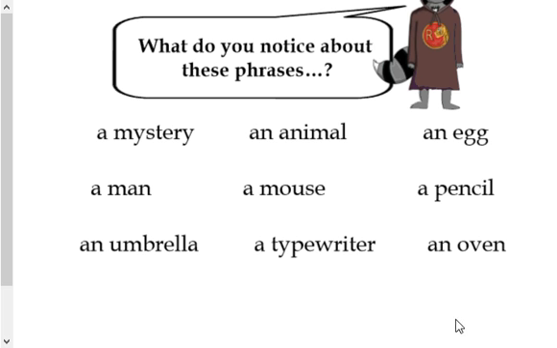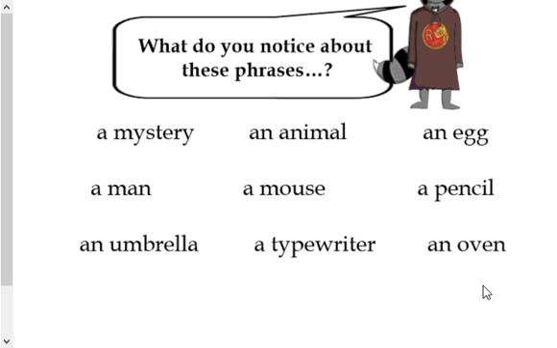Now this morning, Reuben's saying to us, what do you notice about these phrases? And I've put some words up on the board there. You've got a mystery, an animal, an egg, a man, a mouse, a pencil, an umbrella, a typewriter, and an oven. What we want you to look at is the word in front of those nouns.